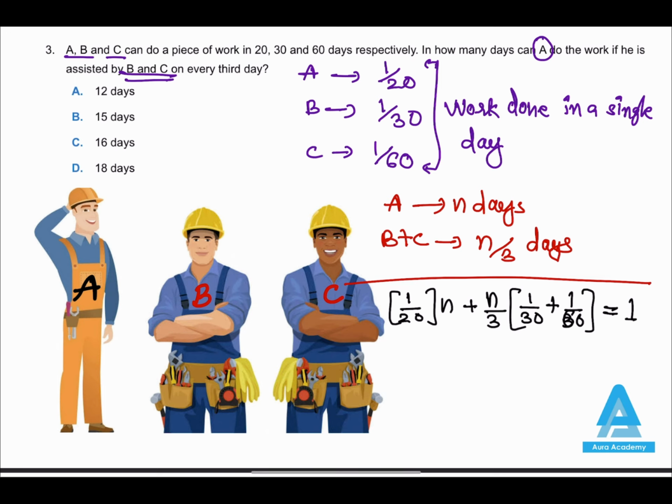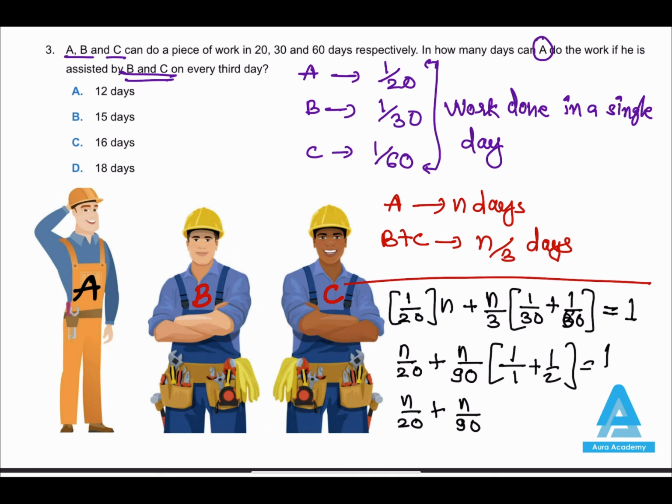So in this case, n by 20 plus, just take the 30 out, n by 90 into 1 plus 1 by 2 is equal to 1. So n by 20 plus n by 90 into 3 by 2 is equal to 1, right?